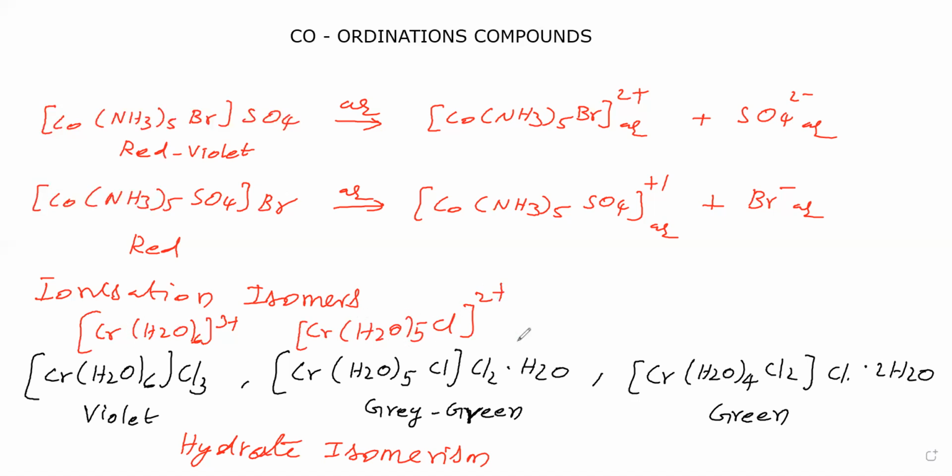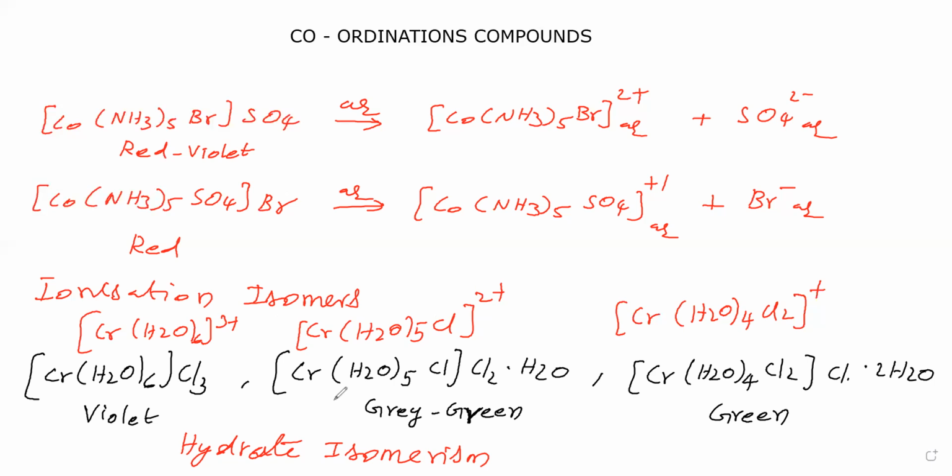Here if you see [Cr(H2O)4Cl2]+, it is octahedral, and 2 Cl are there. Therefore the structure is different, meaning surrounding atoms are different. Here surrounding atoms are only water molecules, here one chlorine, here 2 chlorine. Therefore we can say these are structural isomers. So in structural isomers, we have seen the second type, hydrate isomerism.